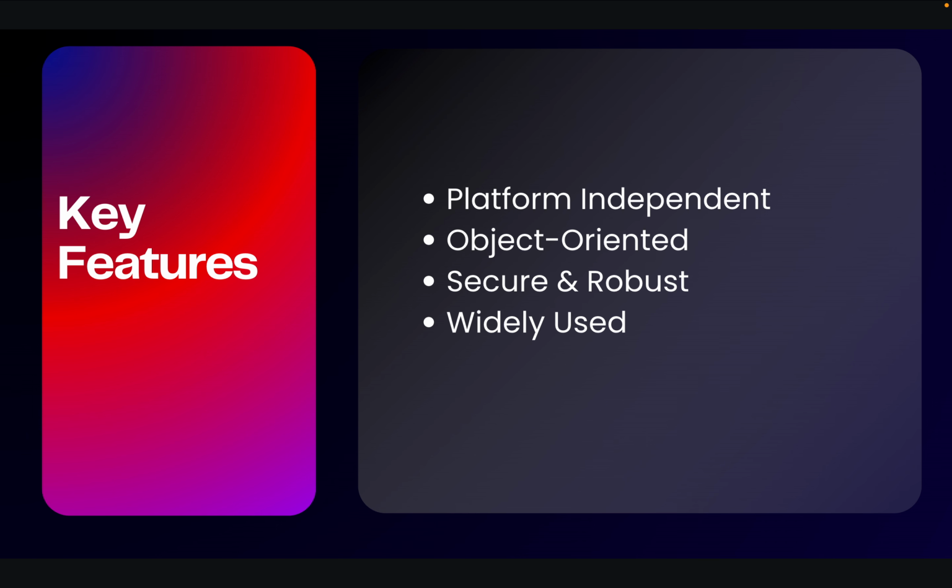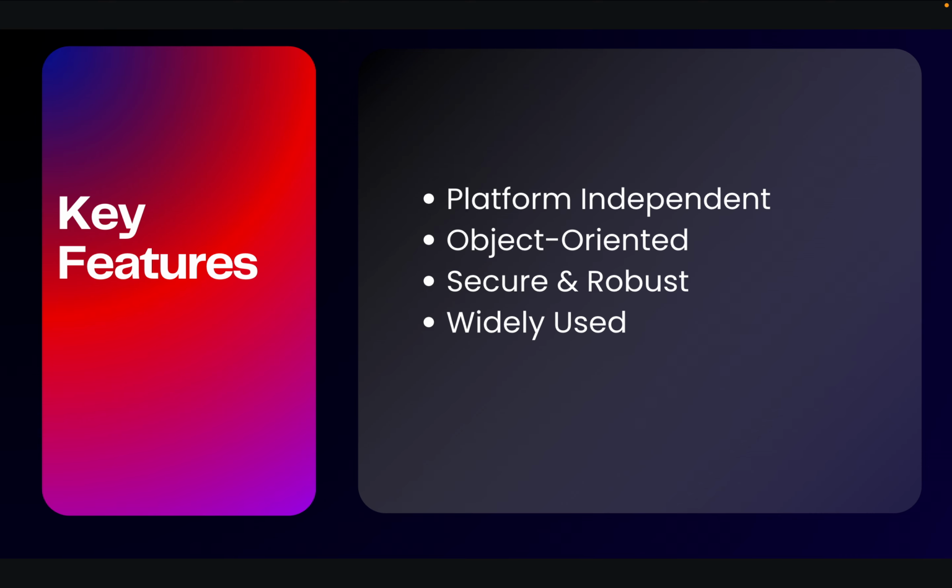The things you need to know about Java is that it's platform independent. That means it can run on various operating systems, whether it's Linux or Windows. It doesn't necessarily matter what platform you're using; they can all run Java if you install the correct components to do so.